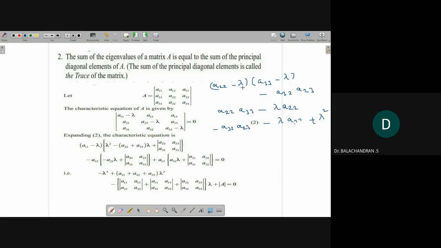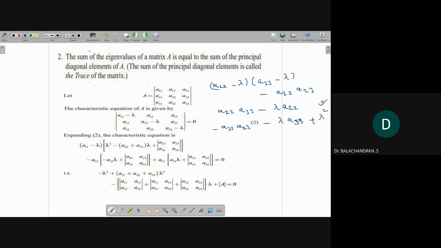So totally how many terms? Five. After multiplying, look here: the lambda square term is here.